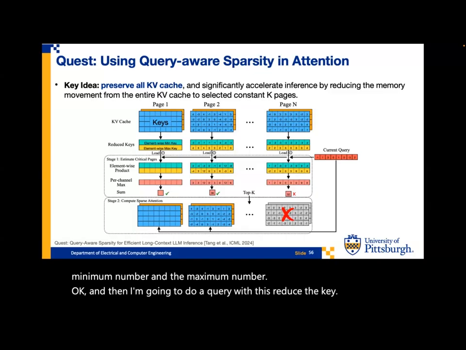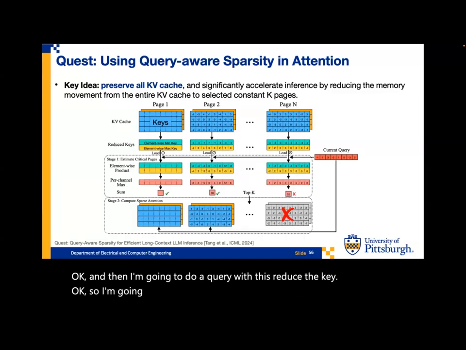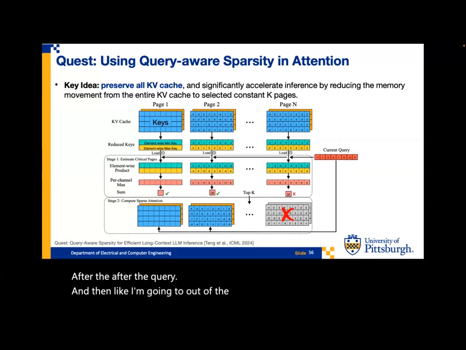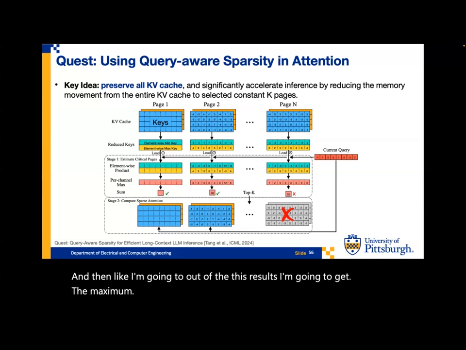So I'm going to get this element-wise product after the query. And out of these results, I'm going to get the maximum value for each channel. So this one is 3, this is 3, this is 12.